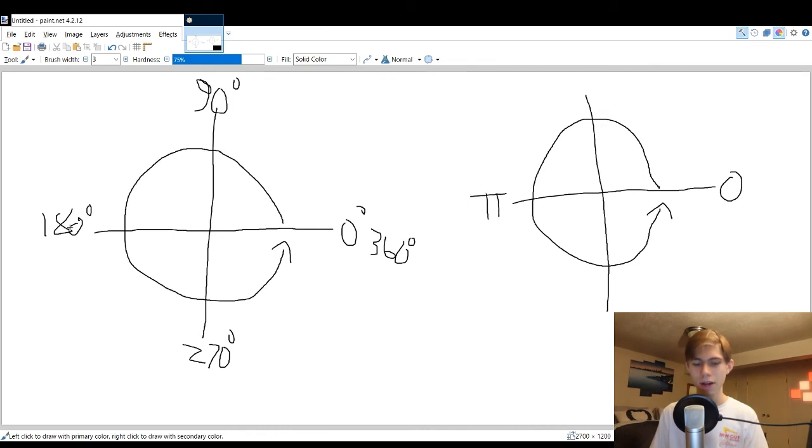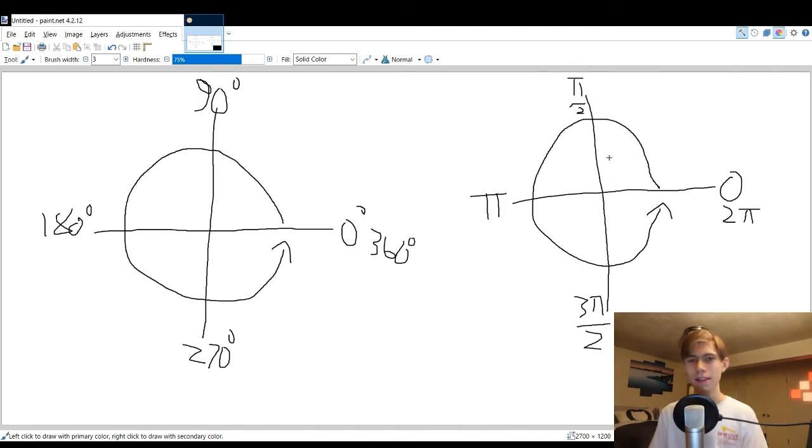Where you'd have 180 degrees, that would be pi, since there's 2 pi in 1 revolution and this is halfway around. Over here, this would be pi over 2, since this is halfway between 0 and pi. And then over here, if we went all the way around, it's 2 pi, so halfway between pi and 2 pi, that'd be 3 pi over 2 radians.